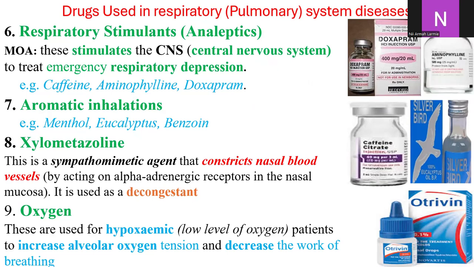And this helps to decrease the work that the patient's respiratory system will have to do in breathing. This is also in emergency situations or in a surgical situation. All right, so these are some of the drugs that we use in the respiratory or the pulmonary system, and we use them for diseases as and when it may be needed.